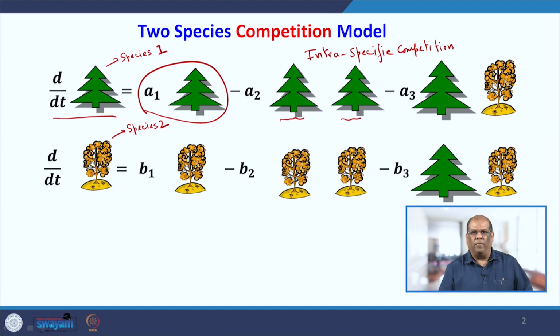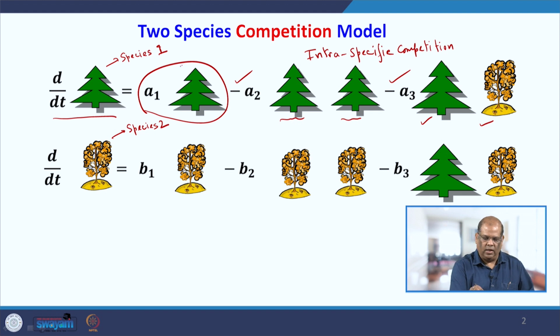Also, there is competition between two different species, and hence this term. Since this competition takes a toll on the growth of the plant, this is a negative sign, and this is also a negative sign.